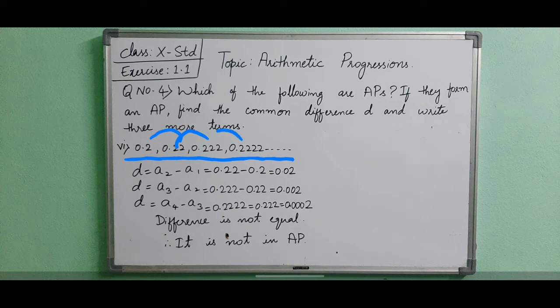If you subtract fourth and third, you get 0.0002. As these differences are not same, they are not in AP. Only when the differences are same can we say they are in AP.